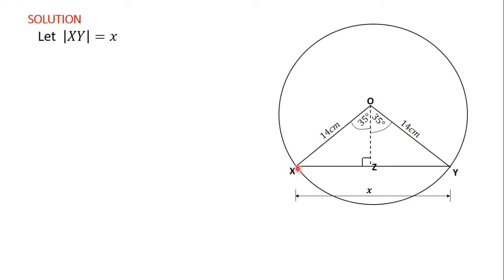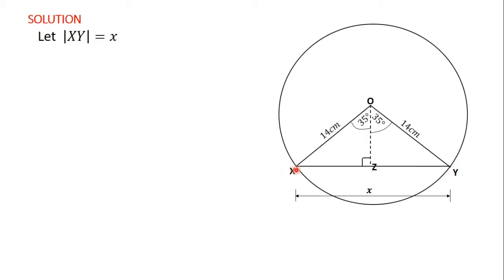Now, if I call the distance from X to Y, the distance XY, little x, that is, moving from X to Y, I'm going to call that distance x. We learned that since OZ is a perpendicular bisector, it's going to divide XY into two equal parts.